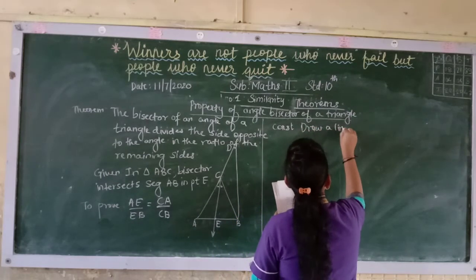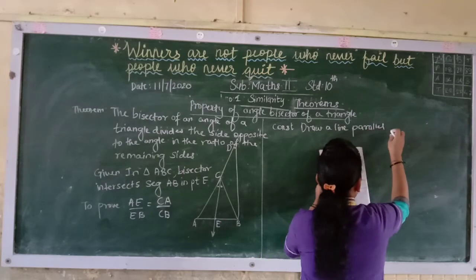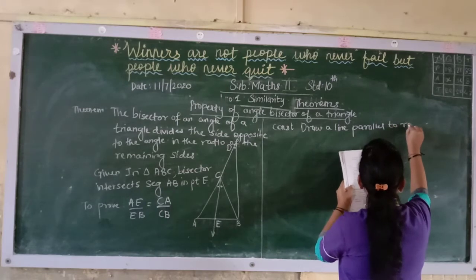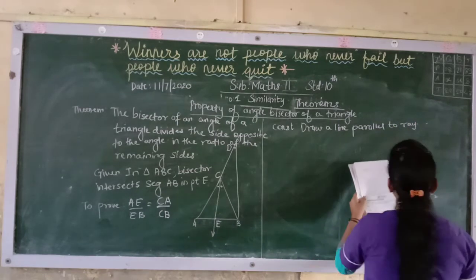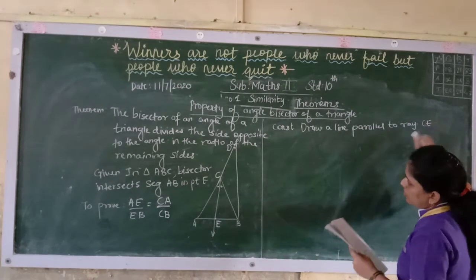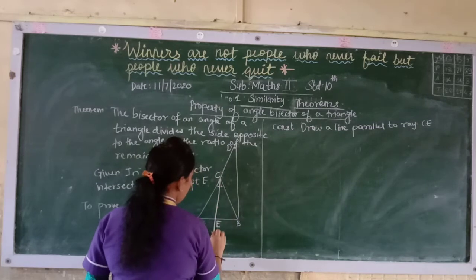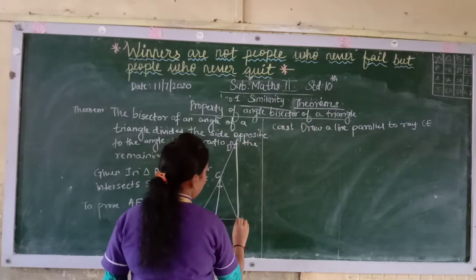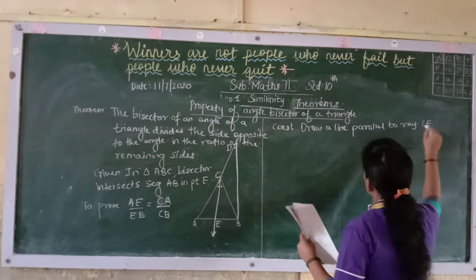Draw a line parallel to ray CE. So when you are drawing this line, this is the line CE. This line and this line should come parallel over here. When you make the diagram, it should come parallel.